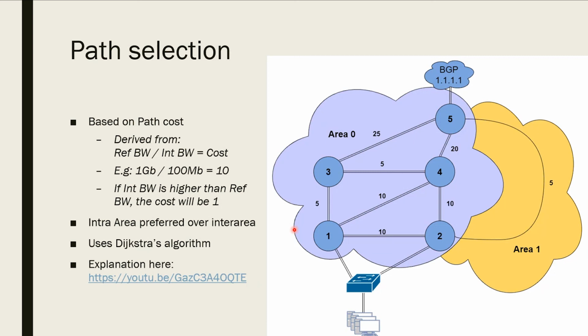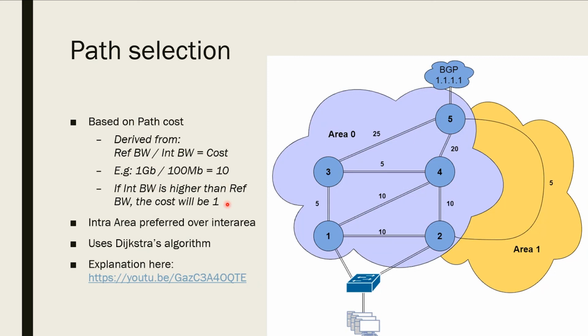Otherwise, keep it standard and consistent across the network, and it should be fine. To get the cost, you divide the reference bandwidth by the interface bandwidth. If the interface bandwidth is higher than the reference bandwidth, the cost will still be 1.